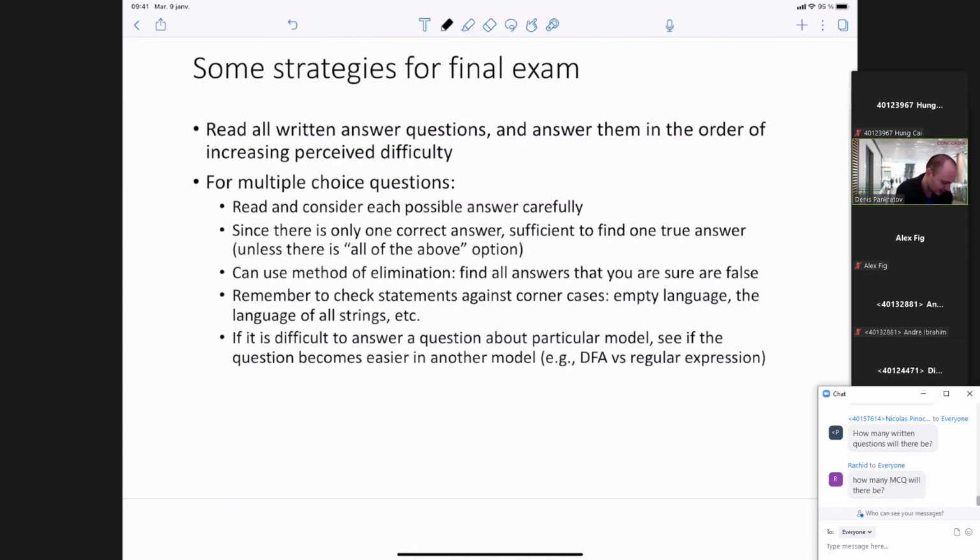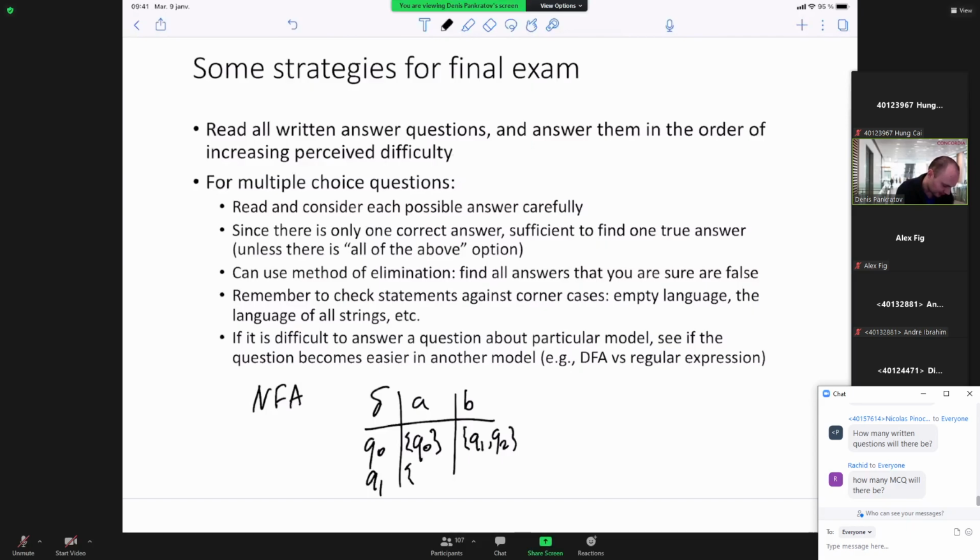So for instance, if you see an NFA given to you by a transition diagram, something like A, B, and you have a state Q0. If you're reading A, maybe you go to Q0. If you're reading B, you go to Q1, Q2. If you're in Q1, you're reading A, you go to Q0, Q1.